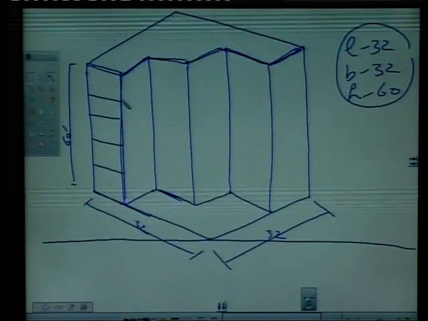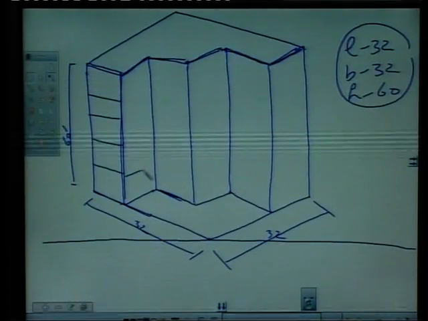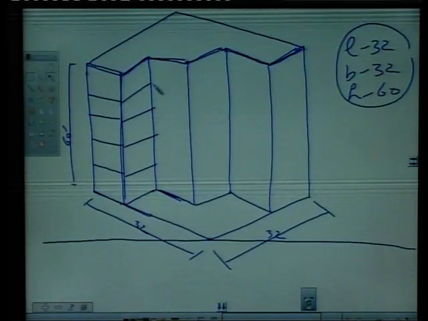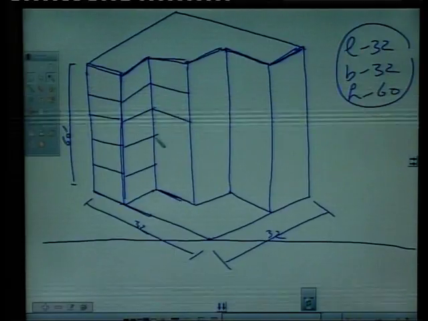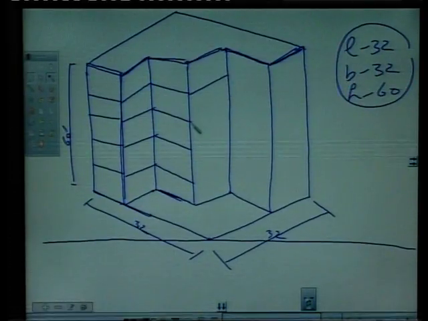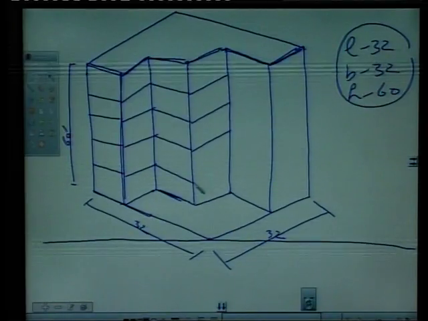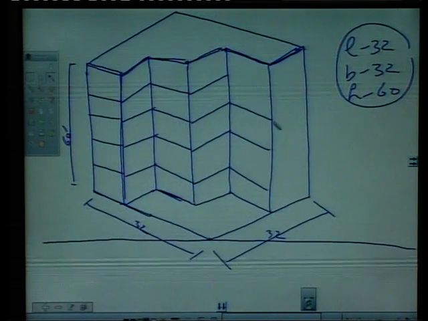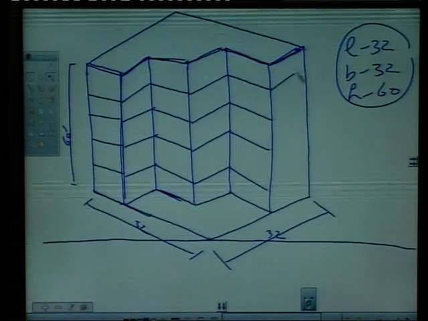We should draw little straight lines, lines like this, then lines like this, right? Then lines like this, then lines like this, then lines like this.